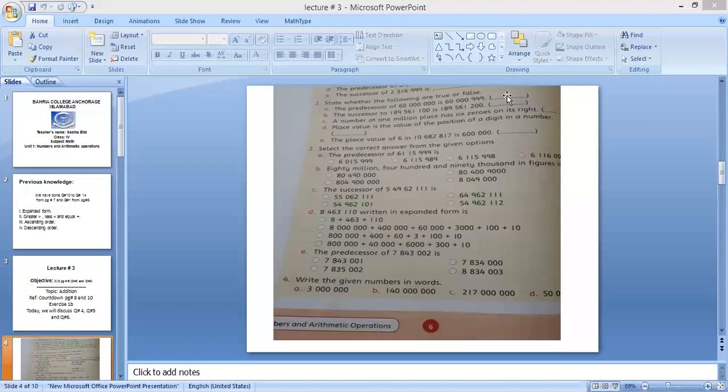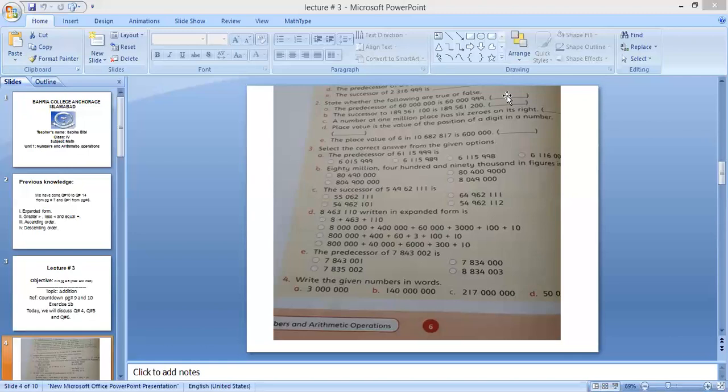80 million 490,000 in figures. You have 4 options. You can check which one is the right one. 80,490,000 in figures. The first one is the right option. Okay, C: the successor of this is what?